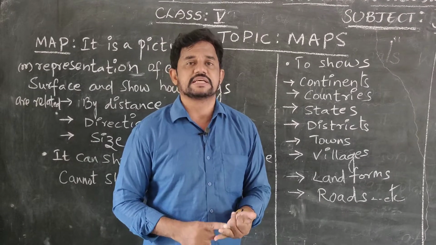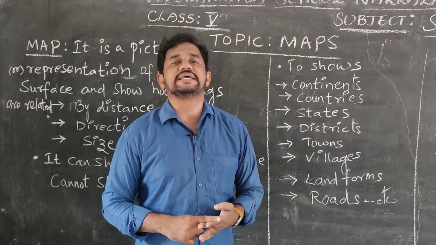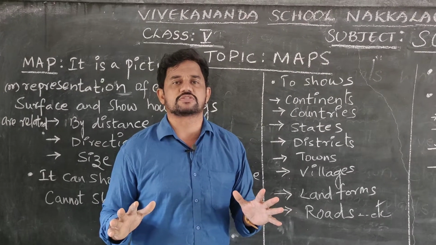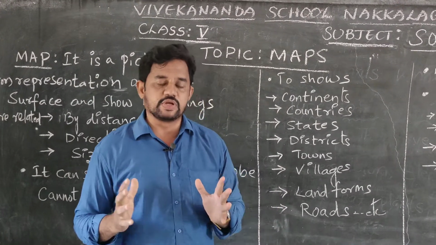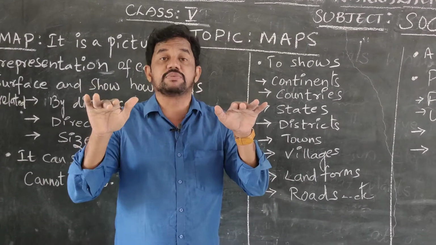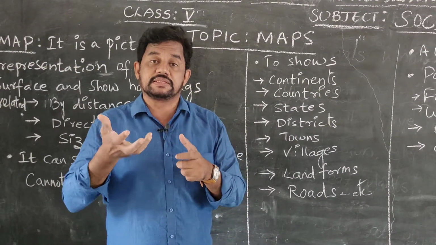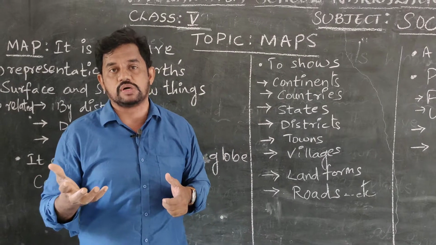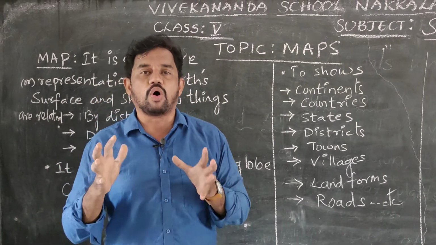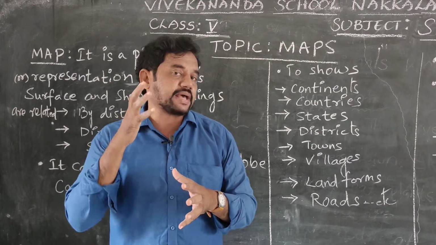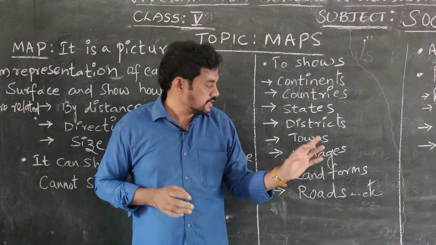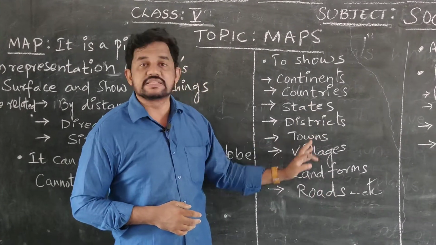Mountains, plains, plateaus, valleys, hills, etc. Many landforms are there on the surface of the earth that we all know. So it shows the clear height of the mountains also, the width, the depth of the seas also, oceans also, with so much clarity of all the different parameters. Maps will give us the best idea of all these things.